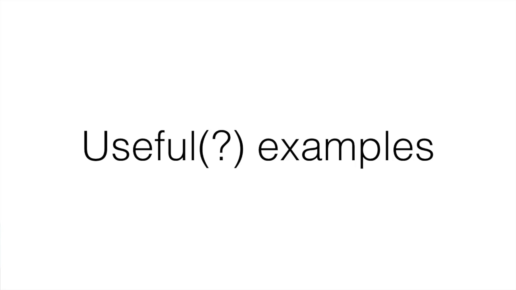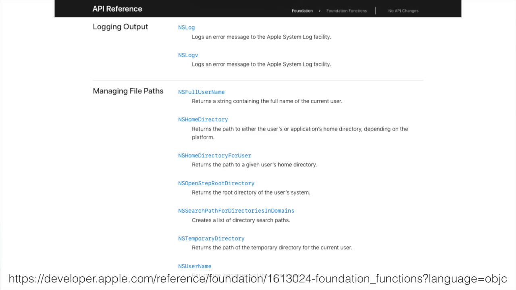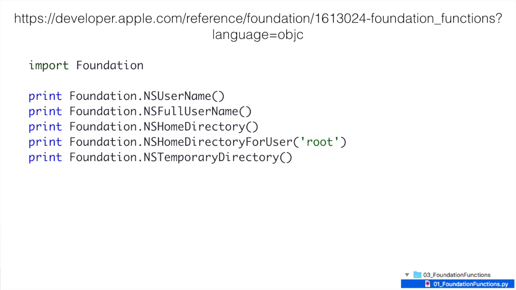So finally, let's start looking at some possibly useful examples. Let's start with the Foundation framework. We can look at the documentation and we see, okay, here's some functions that might be interesting. Here's one that returns the full username. There's one that returns the home directory, that sort of thing. And this would be the first script in the foundation functions folder if you're following along at home.